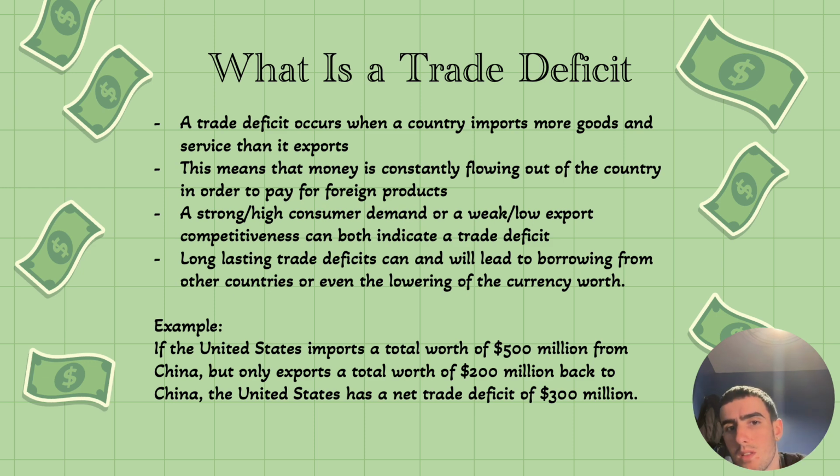This could be caused by strong consumer demand or weak export competitiveness. And over time, if a trade deficit is constant, it can force a country to borrow from others or cause its currency to lose value.